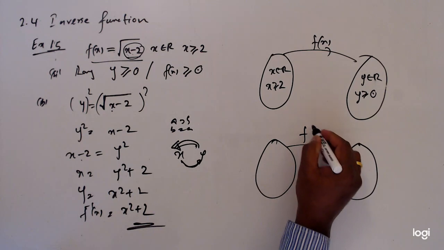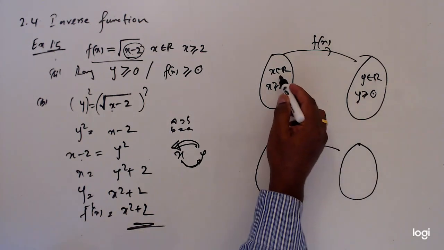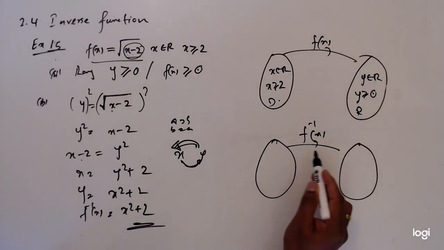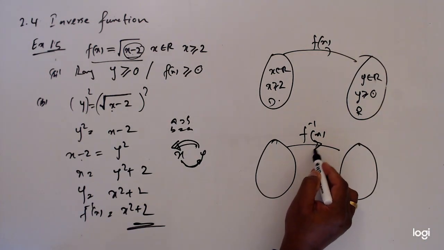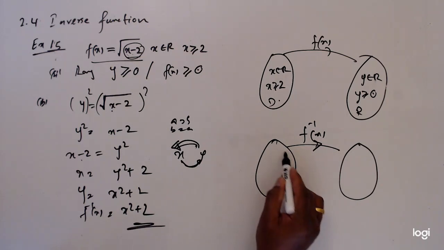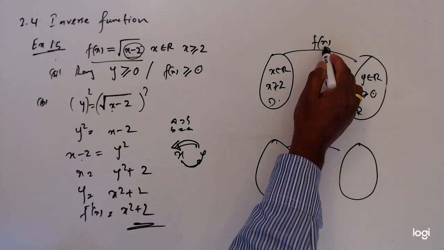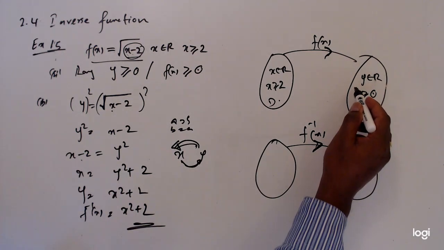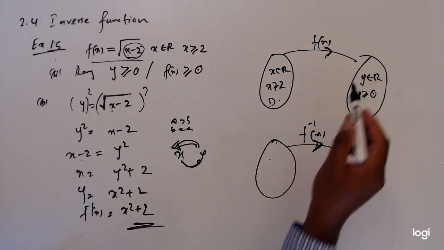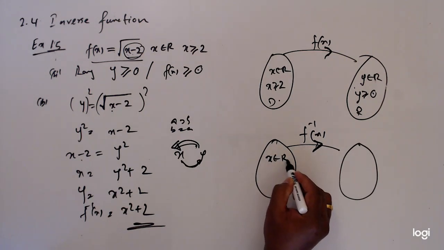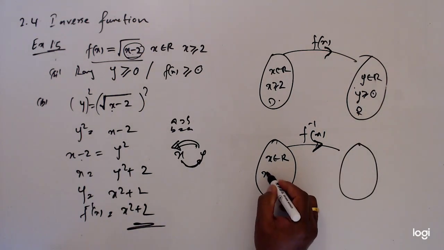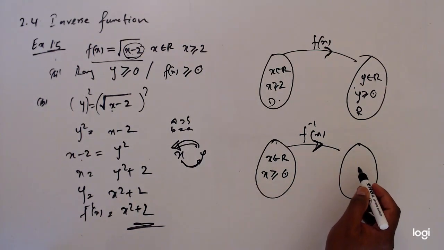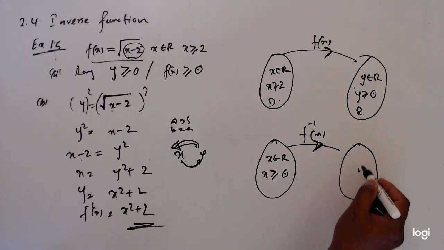Now for the f inverse x function, this is f(x), this is the domain, and this is the range, and I wrote the inverse function now. The arrow goes this side now. This range becomes the domain, so instead of y we write x an element of R, and x greater than or equal to 0.